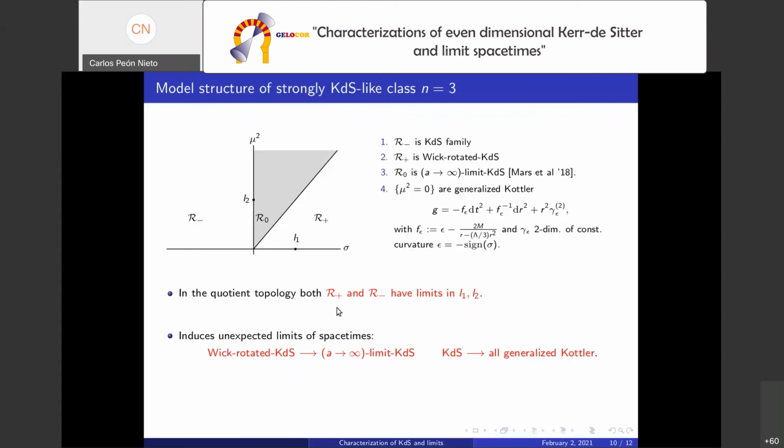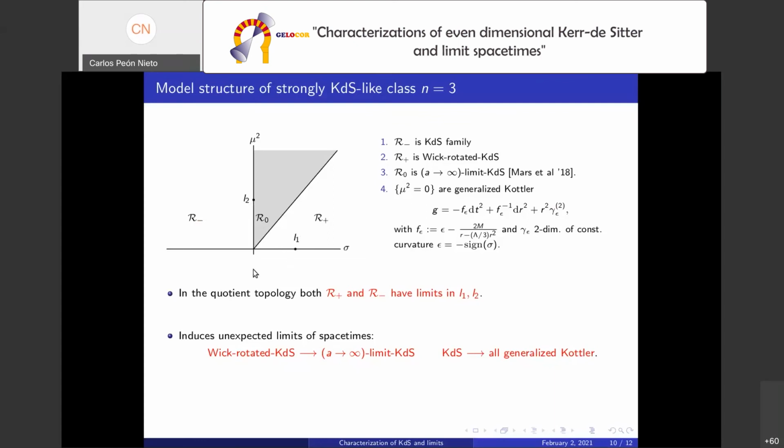So it happens that in the quotient topology, sequences of R minus assuming limit at L2 also assume limit at L1, and in a similar way, sequences assuming limit at L1 from R plus also assume limit at L2.